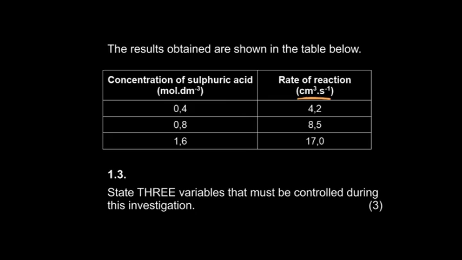We look and we go, well, at 0.4, it was 4.2 centimeters cubed per second. 0.8 jumps to 8.5 centimeters cubed per second. At 1.6, it jumps to 17 centimeters cubed per second. Guys, this is not a direct proportion, by the way. Not quite directly proportional.